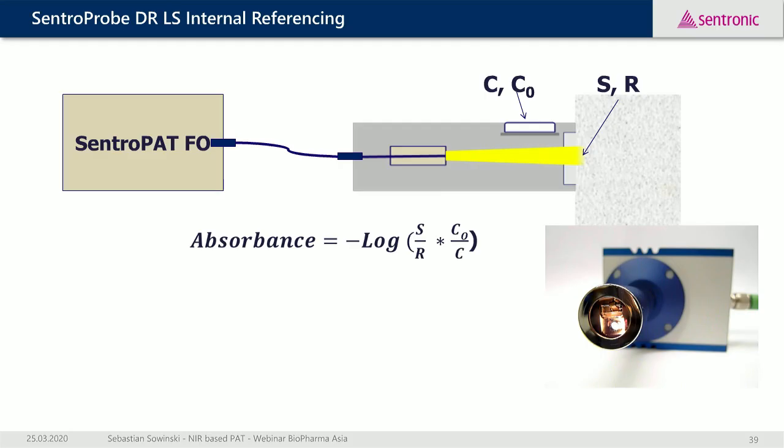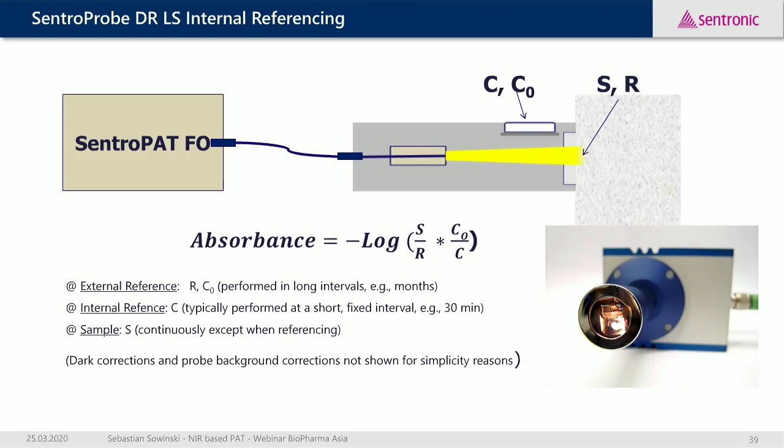And this gives us 4 different types of spectra. So we have the sample or the external reference position, and we have the correction or active correction and signal at time point 0, which is the external standard measurement, which is the time of referencing the unit, as well as the C term, which is measured during the process.